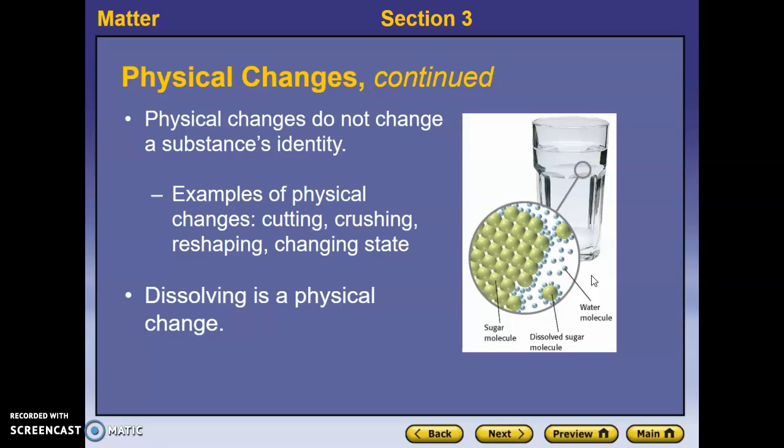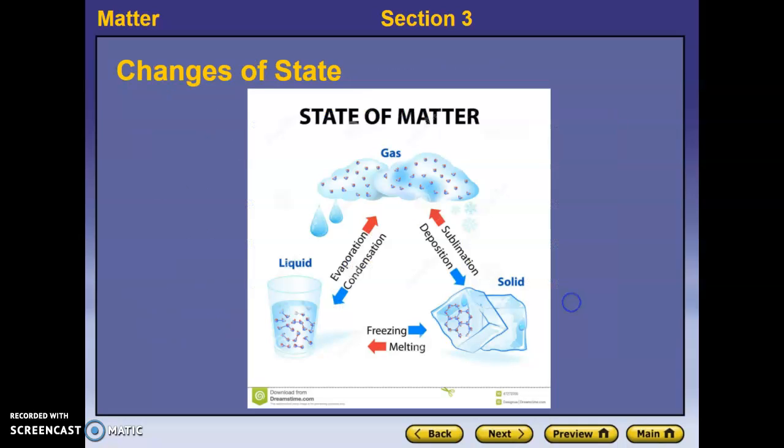What happens when sugar dissolves is these little water molecules kind of work their way in between those sugar molecules and surround them, and then pull those sugar molecules away from the bigger group, away from the crystal. And eventually, all of the big crystal is broken down into individual molecules, and therefore we won't be able to see them anymore because we can't see those molecules.